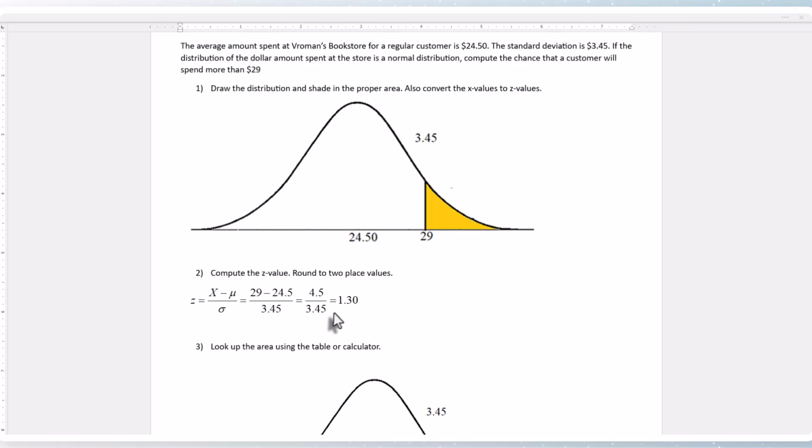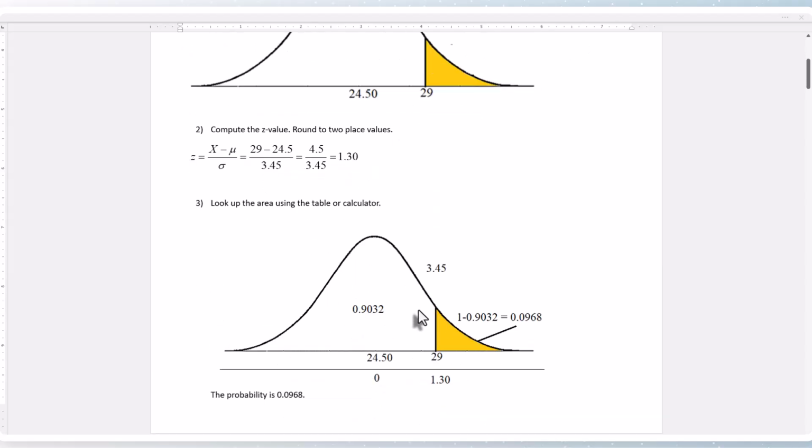Subtract, divide, round to two place values. Next, we calculate the area. So we look up our z-value. I like to always draw a z-axis below the original values. 29 converts to 1.3, 24.50 converts to 0.